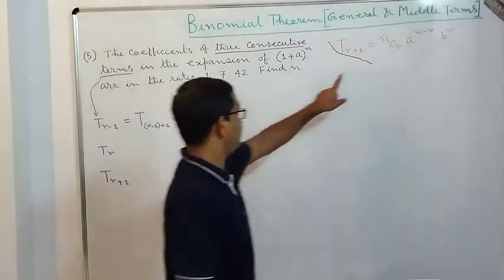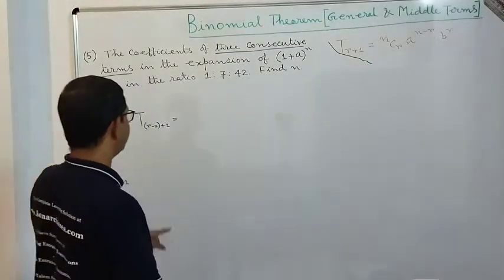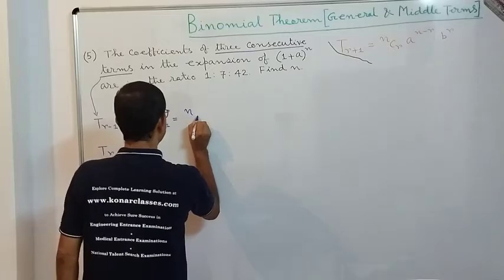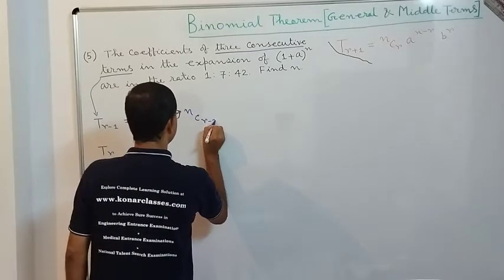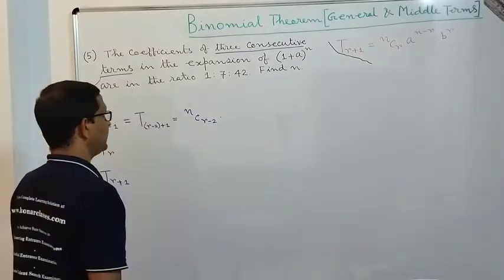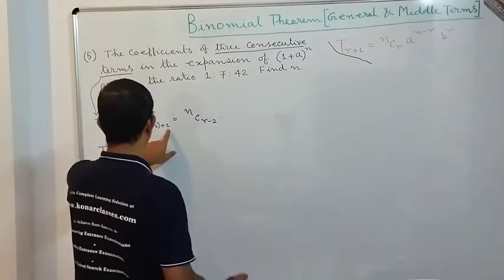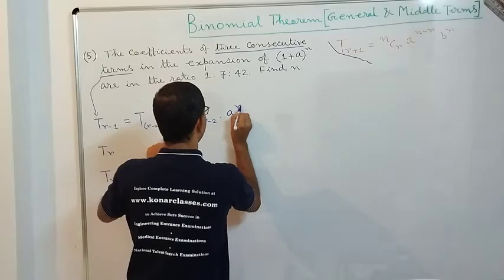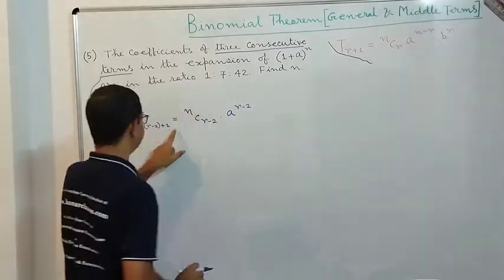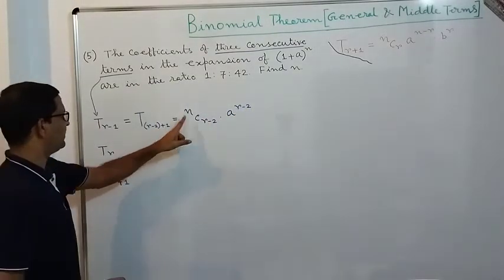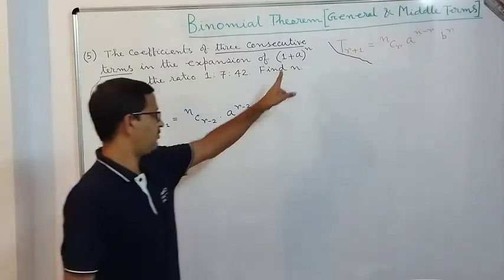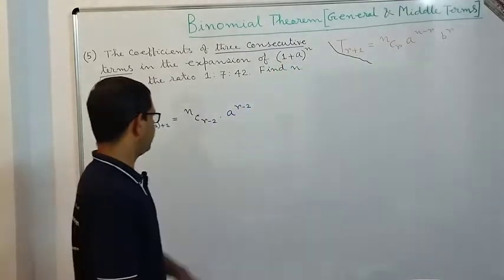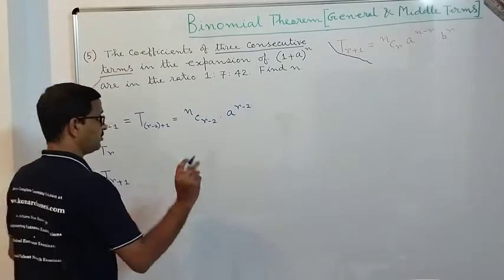So that we can make it into this form. So that is equal to nC(r minus 2) into a to the power r minus 2. Correct? I am not writing 1 to the power n minus (r minus 2), because that will become 1, since this is the first term, 1. That's why I am not writing it. I hope you got it.